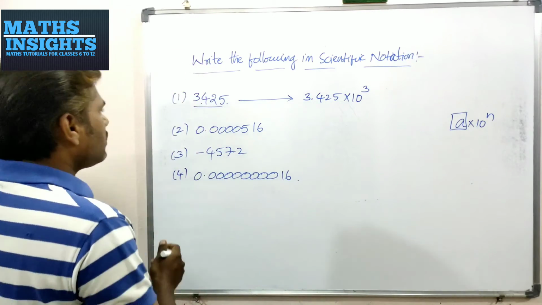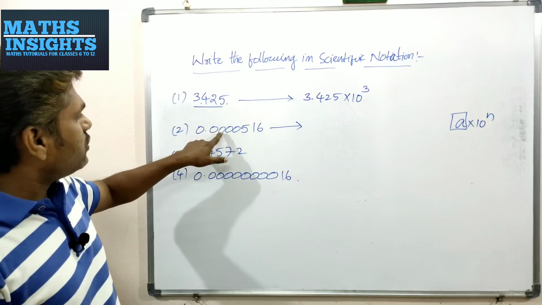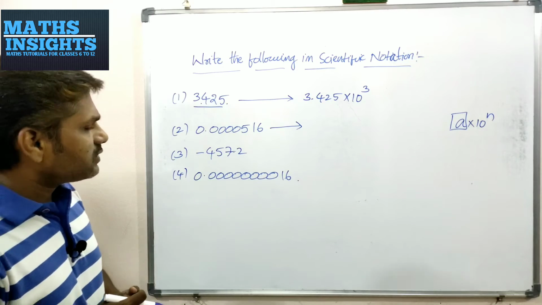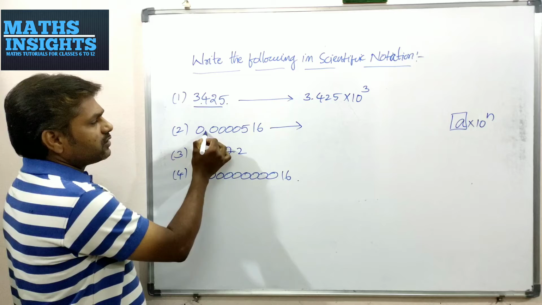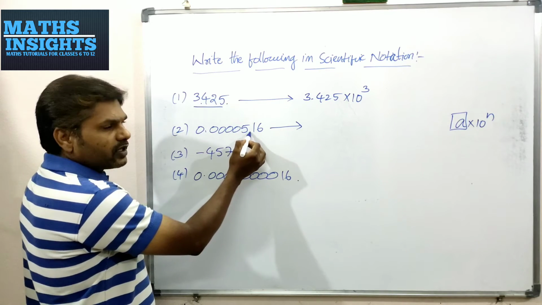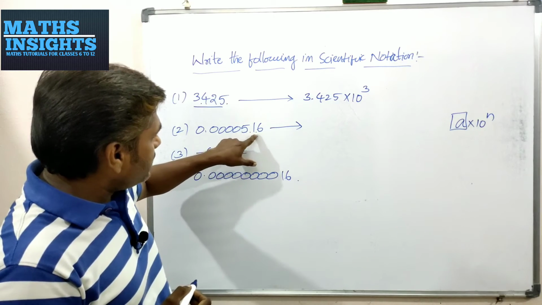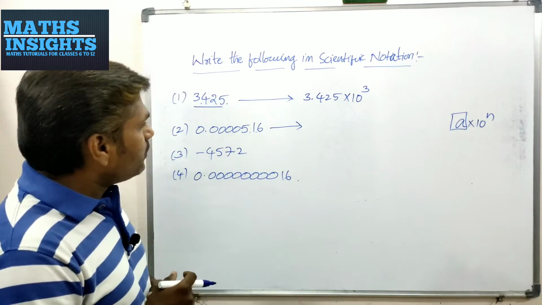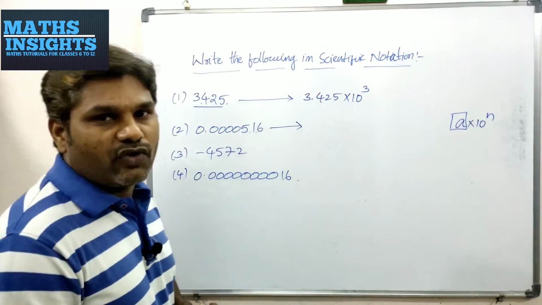Okay. Now coming to the second problem, 0.000516. This is also not in scientific notation. The decimal point in this problem is here. So you have to place it here. If you place it here, that will become wrong. Why? Because if you place here, that will become 51. But our number a should be starting from 1 and up to 10 only.